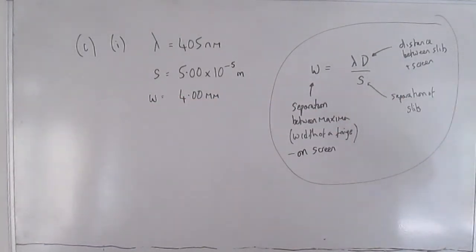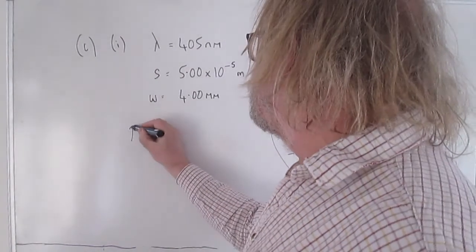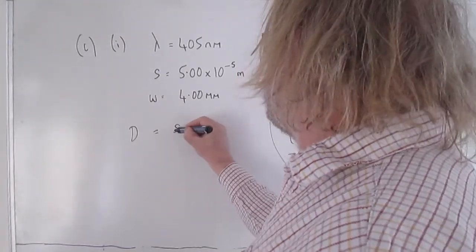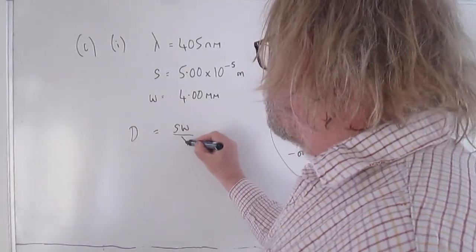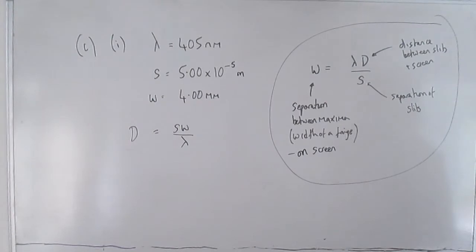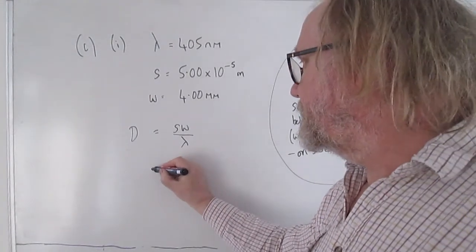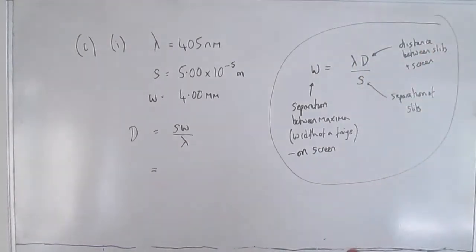So what we've got to do first of all is to rearrange this equation to get an expression for D, because that's what we're trying to find. So we get D is equal to SW over lambda. Okay, so write that down first and then put the numbers in, and obviously it's the usual thing, you've got to be careful to put them in the right units. So they're all lengths, and so they should all be in meters.